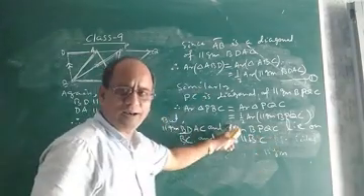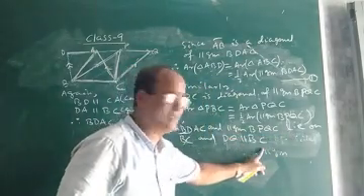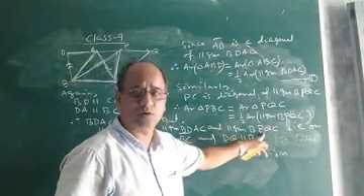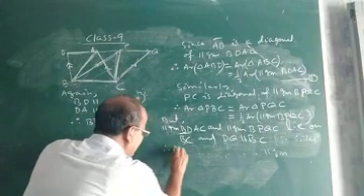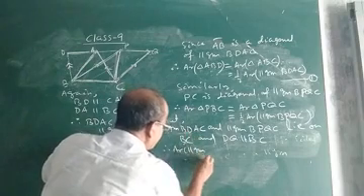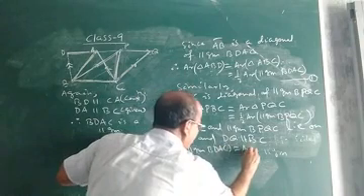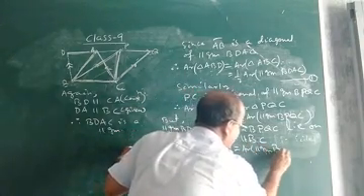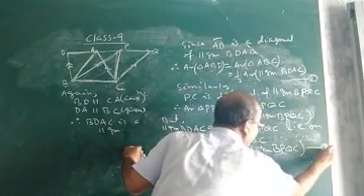So as these two parallelograms lie on the same base BC and between the same parallels DQ and BC, the area of this parallelogram will be equal to the area of this parallelogram. Therefore area of parallelogram BDAC will be equal to area of parallelogram BPQC. Suppose this is equation 3.